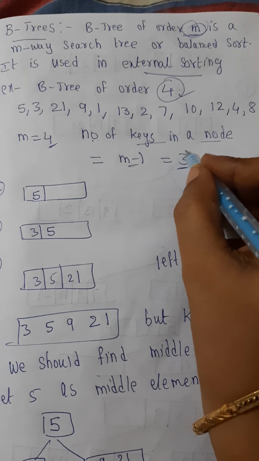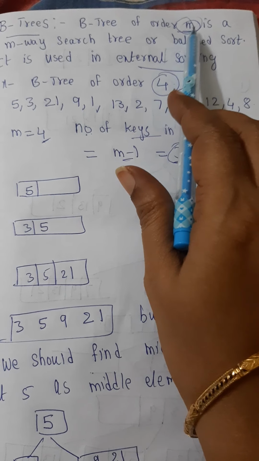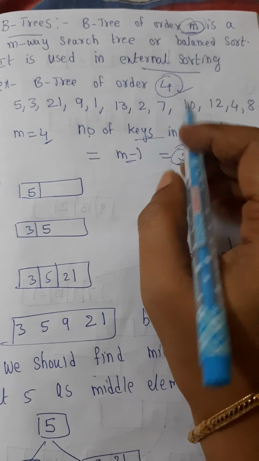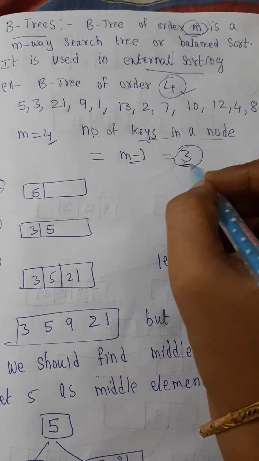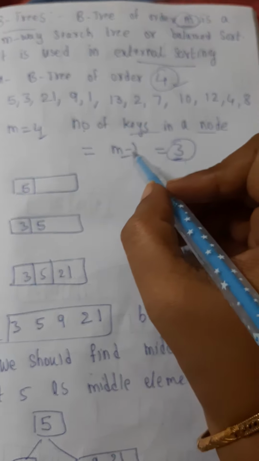That means 3 values we can store in one particular node.